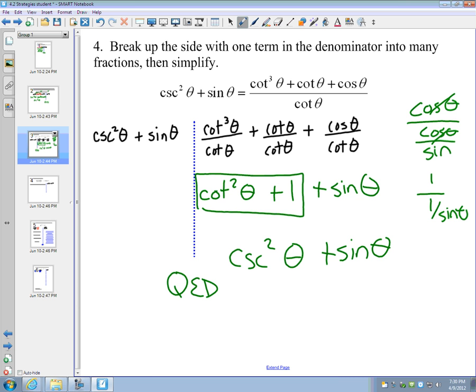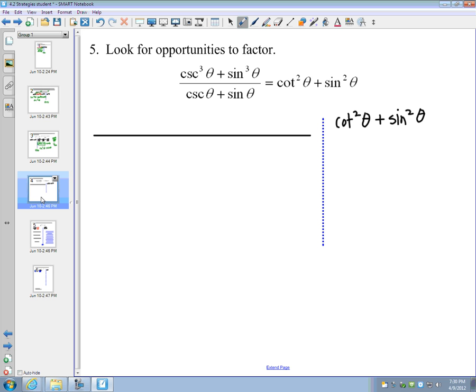Next strategy, I'm going to look for opportunities to factor. And I know you guys love factoring. I taught you this in grade 11. I know none of you have forgotten how to do this. Oh, this is just a sum of cubes. To factor a sum of cubes, all we do is we take the cube root of the first term, the cube root of the second term, and I multiply that by the square of the first term minus the product of the 2 terms, plus the square of the last term.